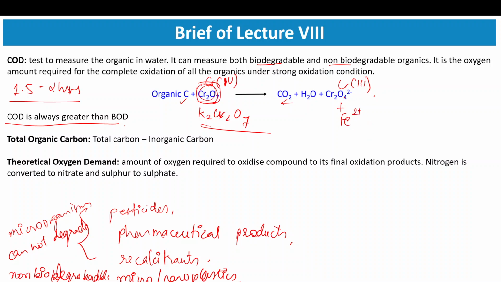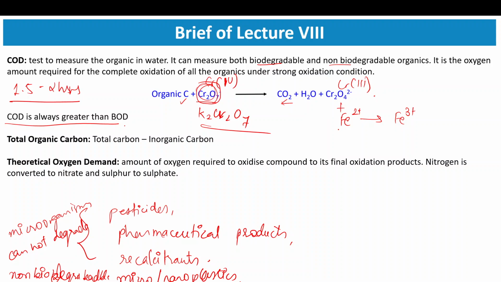On adding ferrous sulfate, it will be converted to ferric, which is 3+, by the leftover Cr+6. Okay, so the leftover Cr+6 will convert the ferrous to ferric, and the Cr+6 to Cr+3, right?